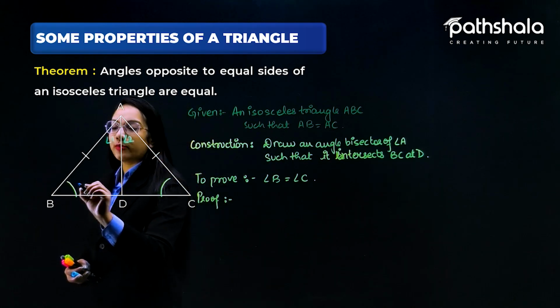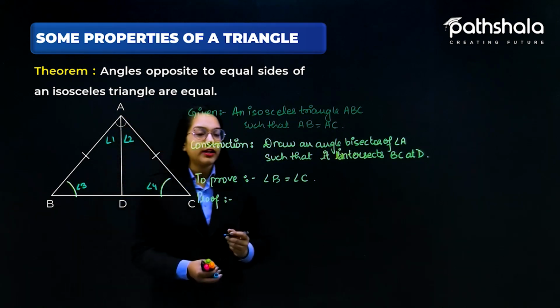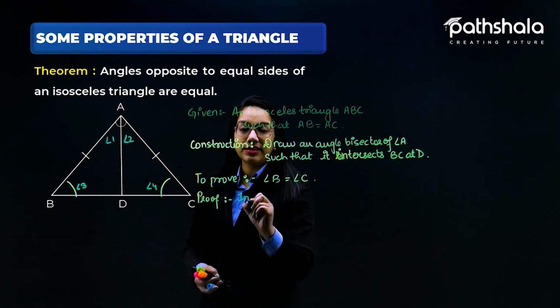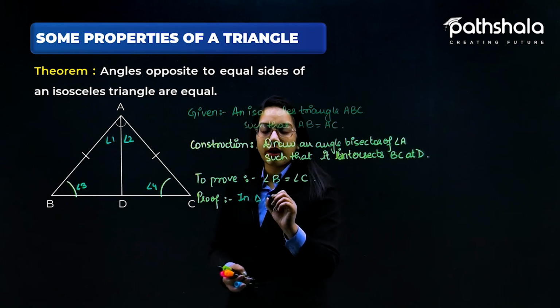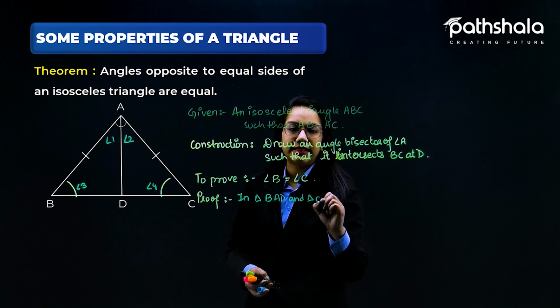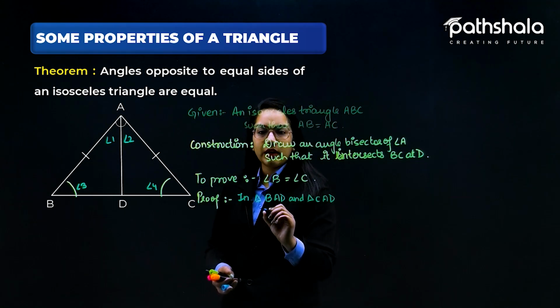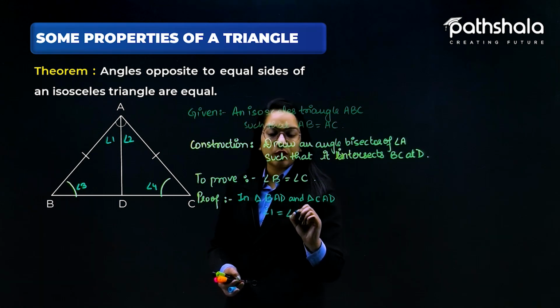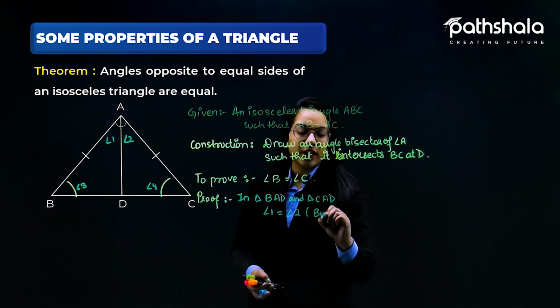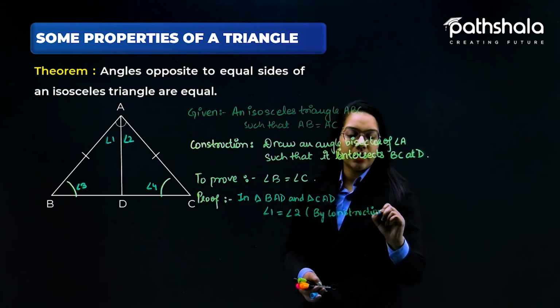Furthermore, let me take these as angle 3 and angle 4. Now let us talk about the two triangles, triangle BAD and triangle CAD. First of all, angle 1 is equal to angle 2 by construction.